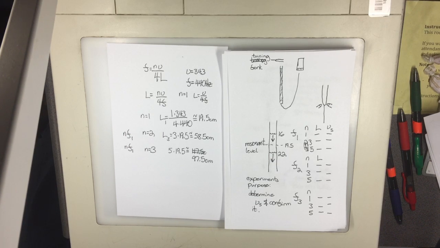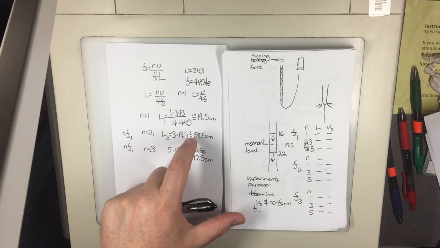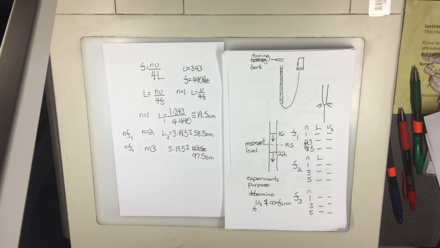Now it most likely won't be exactly at 19.5, since we're approximating the speed of sound in air, but it should be right around there. So just lower it, raise it, lower it, raise it. Then you'll hear the broad band of the resonance, and you start fine tuning it by rocking it back and forth with less change in depth, and then you'll get a better estimate. And then you do the same thing for 58.5 and 97.5.